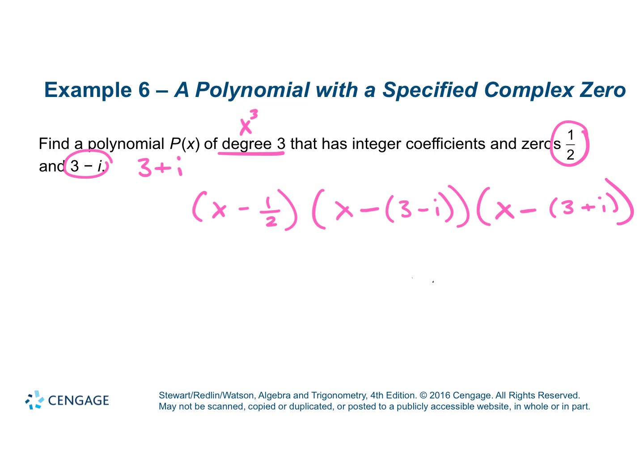So remember, it's always x minus the number. Now we want to simplify our factored form a little bit. Anytime that you have a fraction in your factored form, you want to take the denominator and move it in front of the x. So we want to get rid of the fraction. So this would be 2x minus 1.